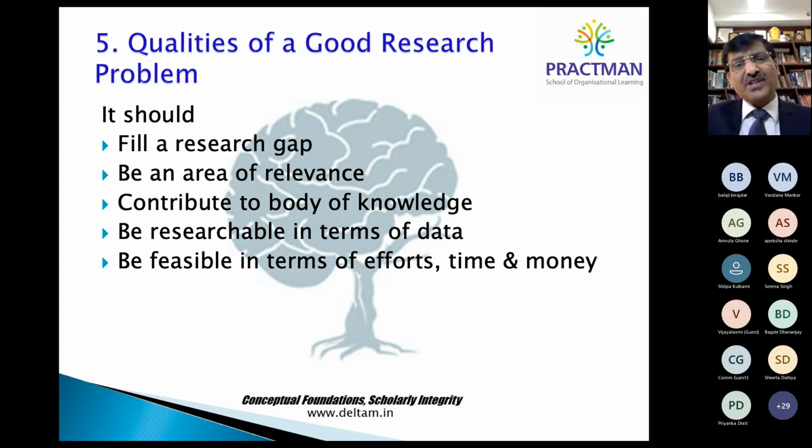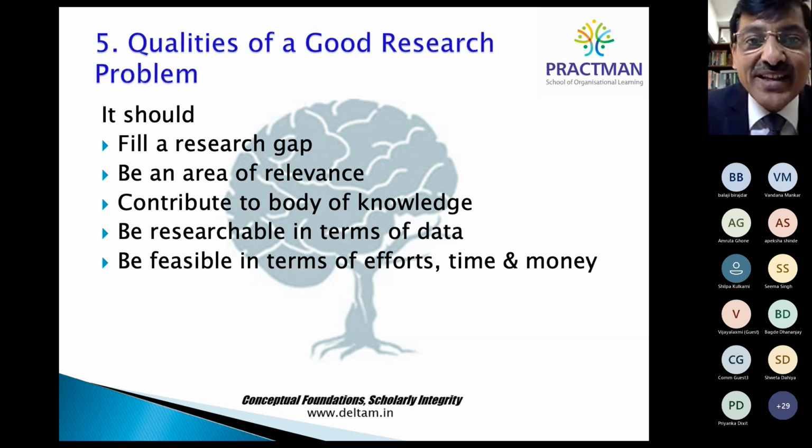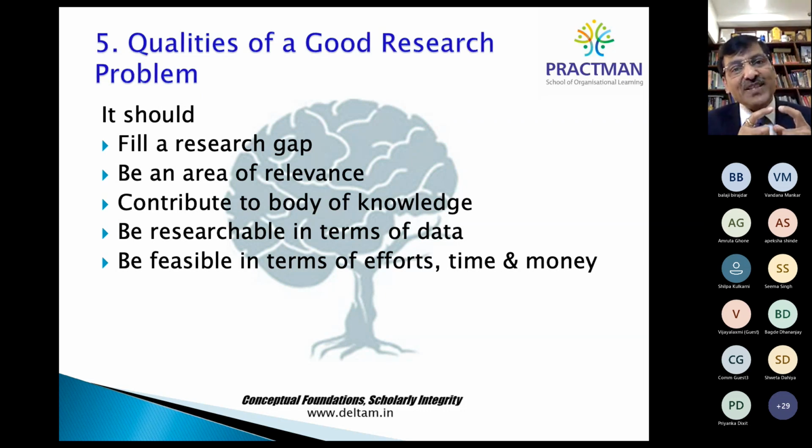For example, I was sitting on the research and recognition committee of some university. And there was a PhD scholar who was trying to do research on some new government scheme which was enacted in 2018. And he was proposing this topic in 2020, saying impact of this scheme on the success or failure of entrepreneurship.